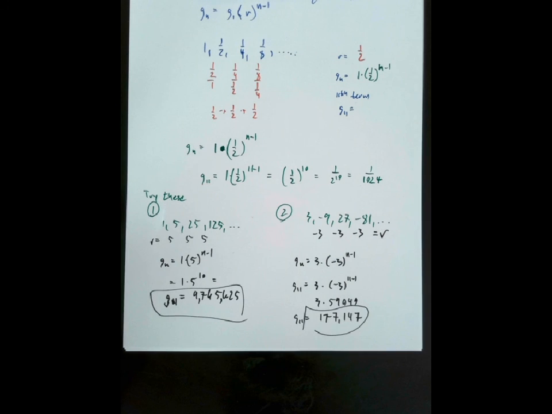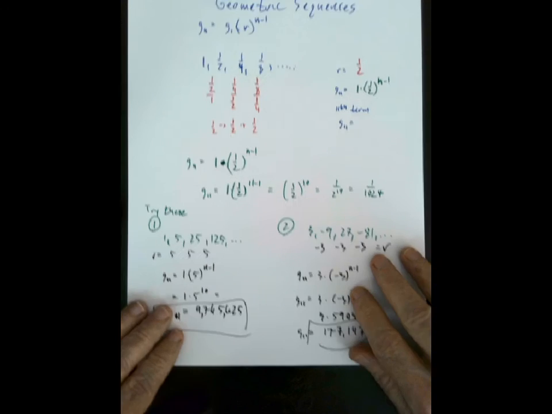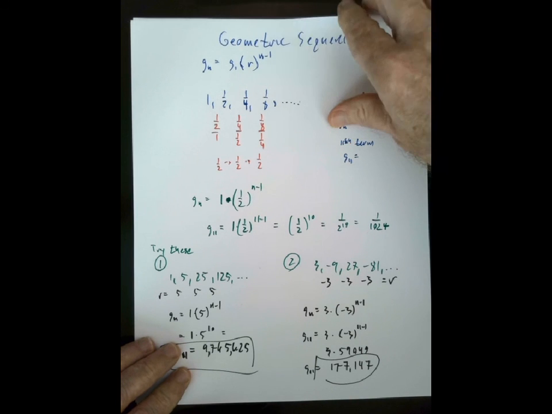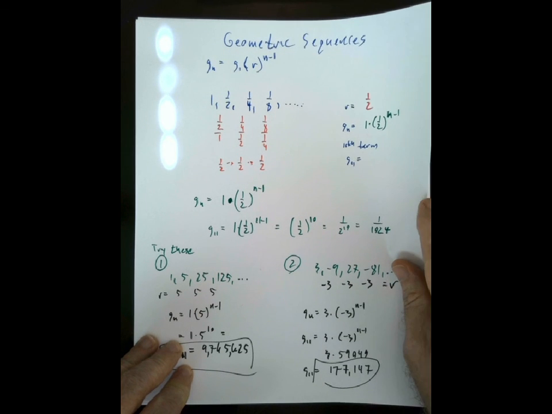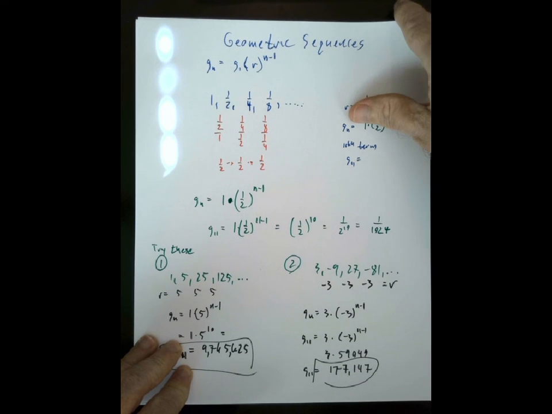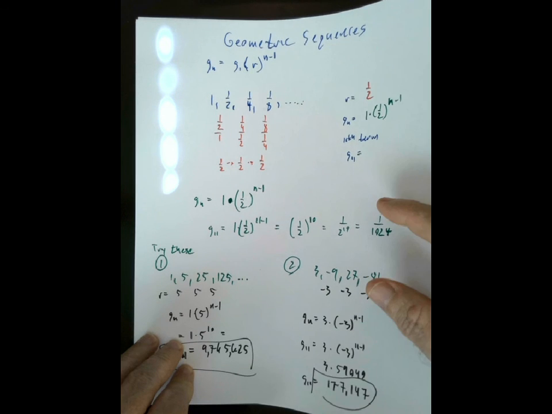Okay, all right. So another kind of geometric sequence problem would be something like this. We're still on geometric.